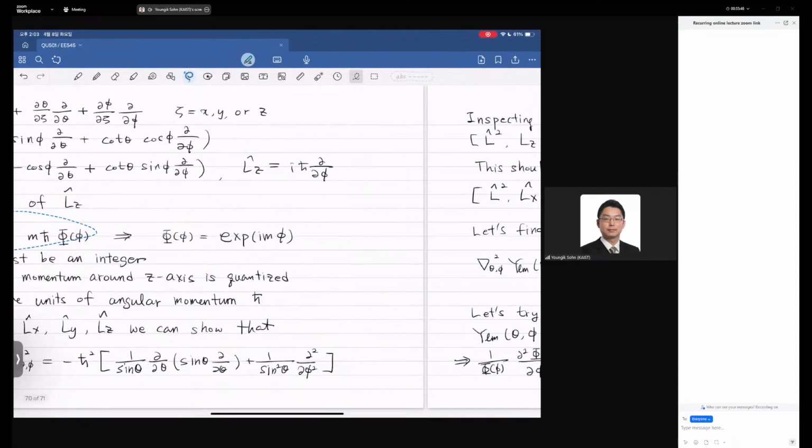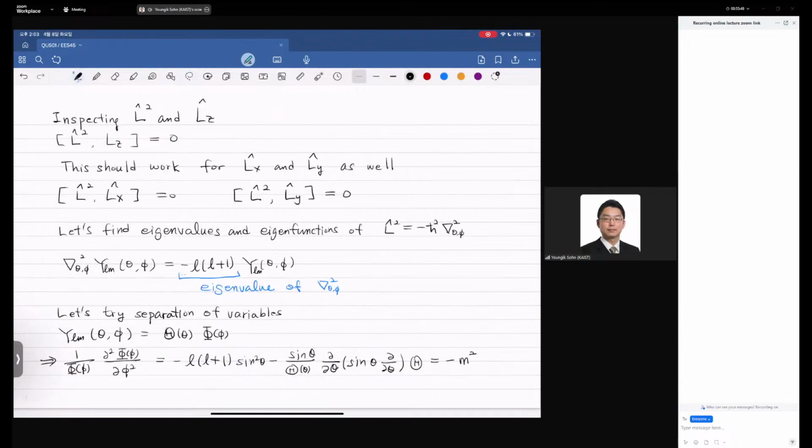This m is supposed to be an integer because of the azimuthal angle phi condition. You have to return back to the original value, otherwise the same point will have multiple values.